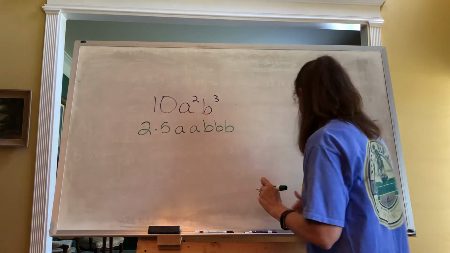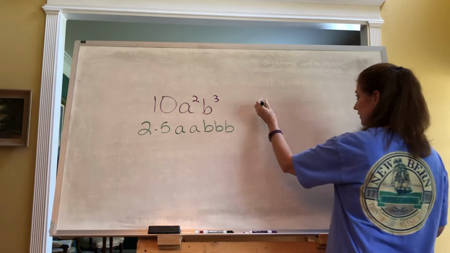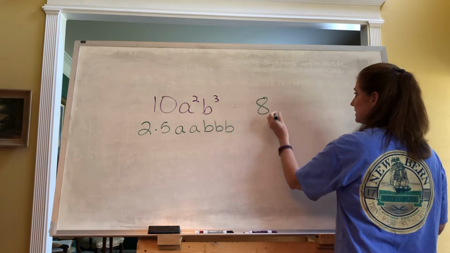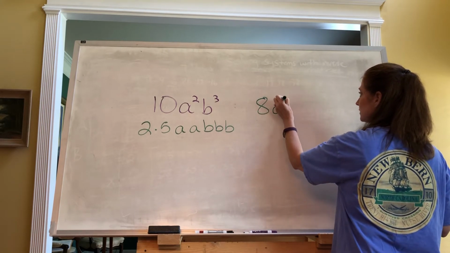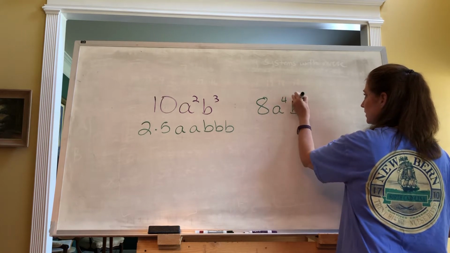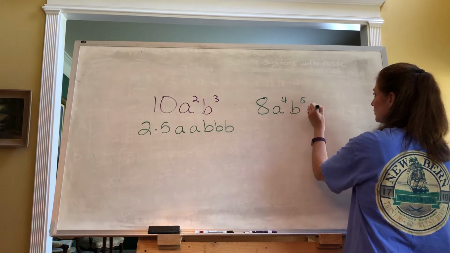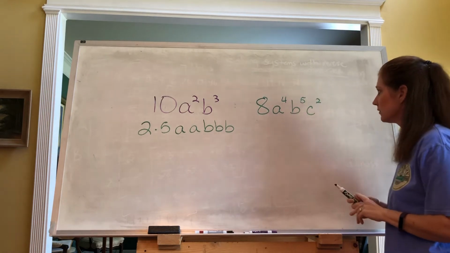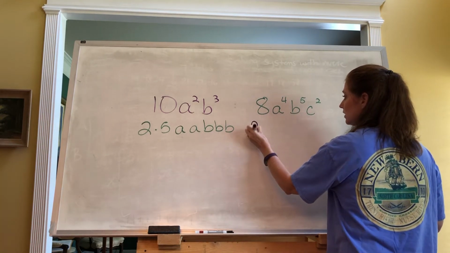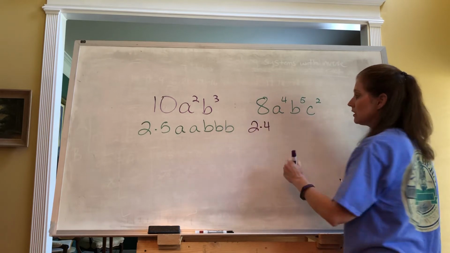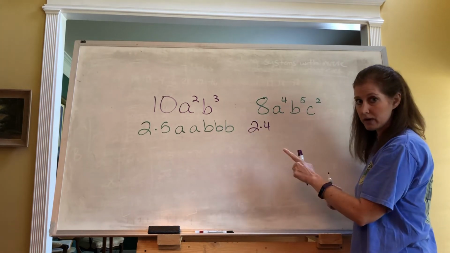Okay, we'll do another one of those. If we have 8, we have this term here, and so 8, we know that can be 2 times 4, but that 4 can also be broken down, okay?